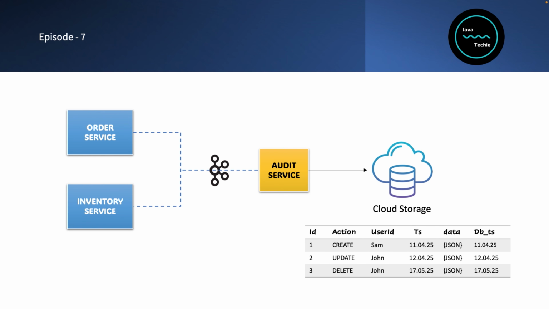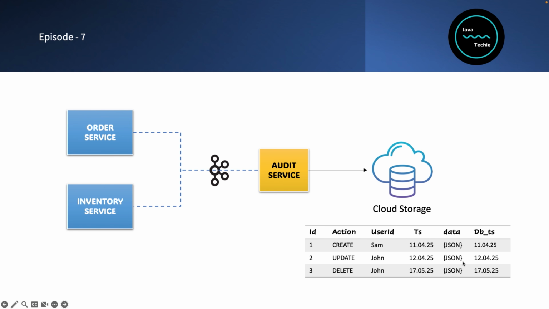So the data will look like this: id, what action he did, create, the user id of who did it, Sam, when he did it, what exact JSON data he added to create it, and the db timestamp of when he did the operation. Then update, who did it, John, when, this is the time, and what data he updated.